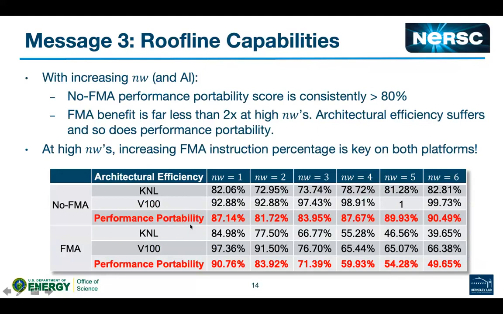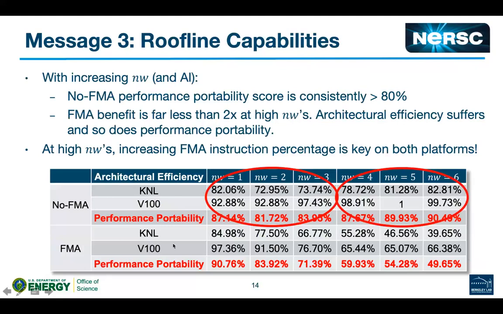So you can see for the no FMA performance portability score, it's almost always above 80%. That means your performance efficiency is almost always above 80% on both platforms across different AIs, and that's understandable.